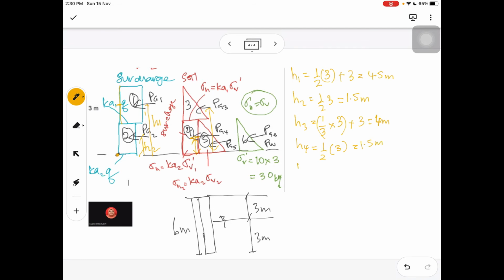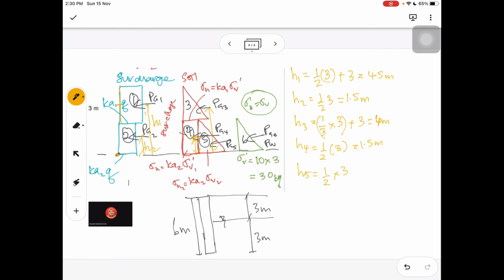Then H5. H5 is the height for this PA5. This PA5 is for this triangular number 5. So H5 is 1/3 of 3 meter.